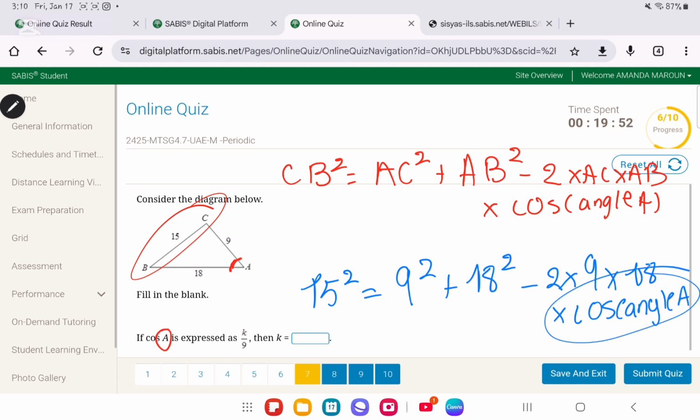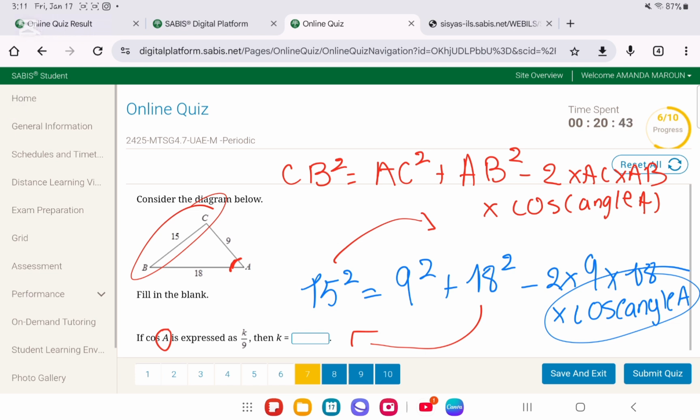Now we need to make this the subject of our formula. So what we could do in this case is we can bring 15 squared to the side and we can bring these to the other side. So when we are dealing with this, we have to switch their sides.